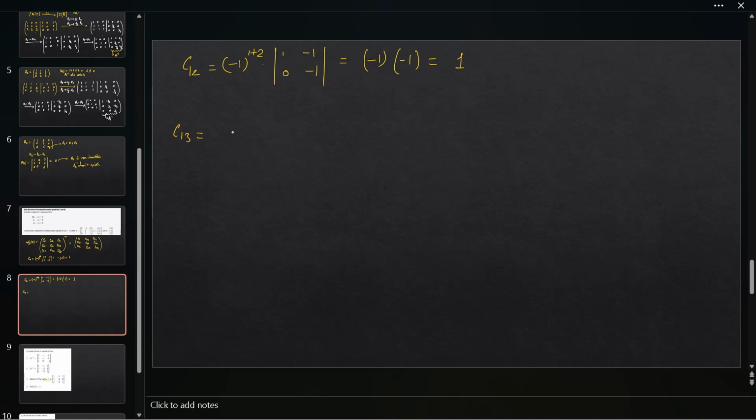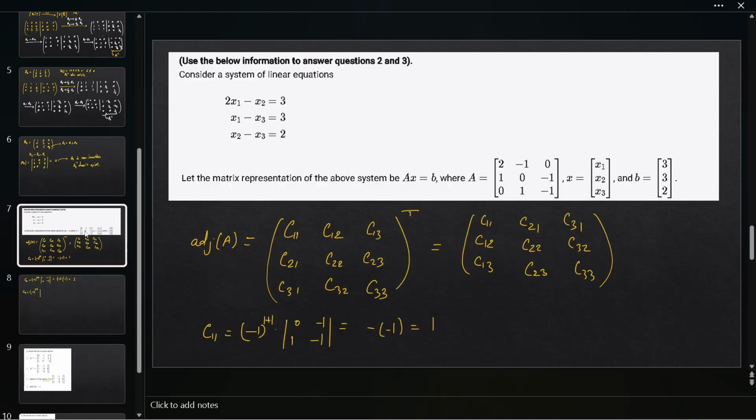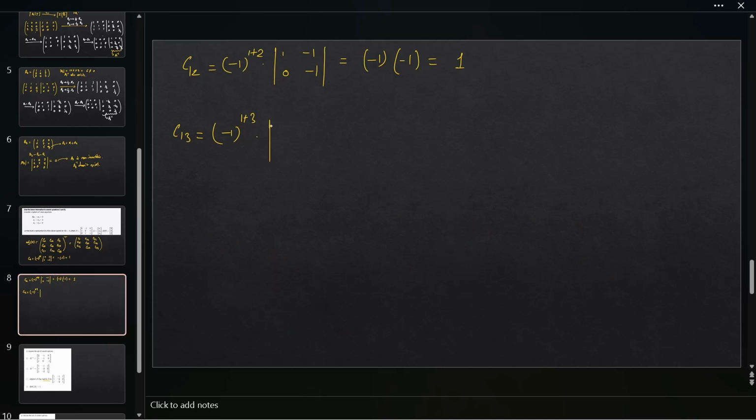Then comes C13. It is minus 1 to the power 1 plus 3 times the determinant 1 0 0 1. So it is just minus 1 to the power 4 times 1, and this determinant is equal to 1.